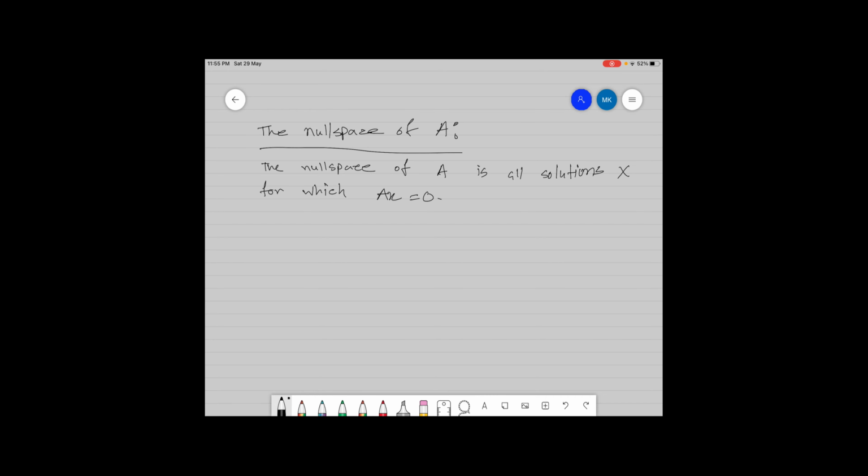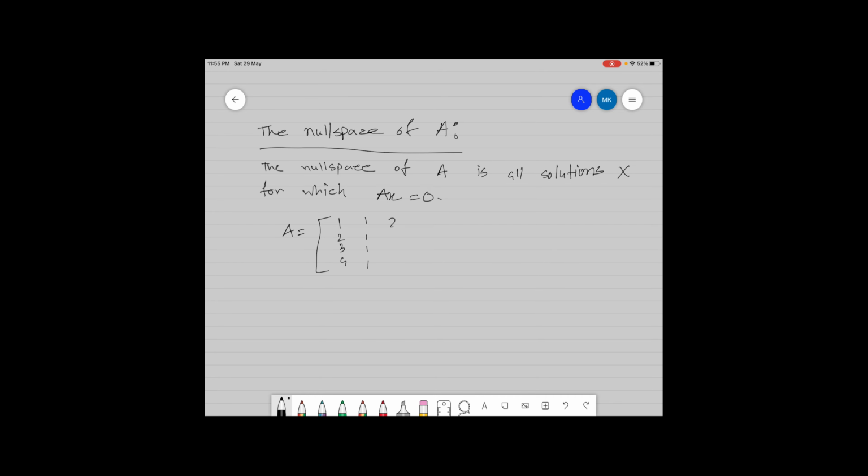So in the previous example we had A equals 1 2 3 4 1 1 1 1 and then 2 3 4 5, and let's say we want to find the null space of A. So in that case we have this matrix multiplied by the vector of unknowns, which is x1 x2 and x3, and at the right hand side you have to solve 0, right?